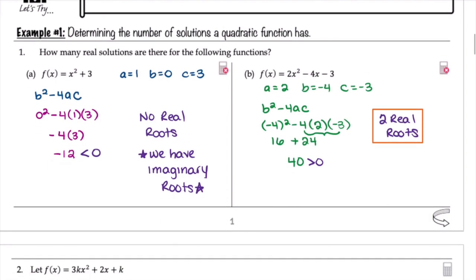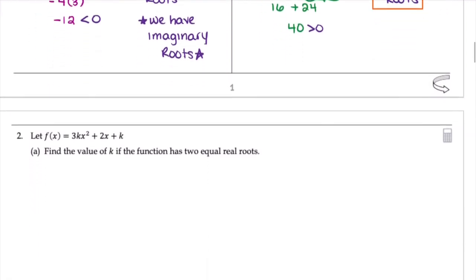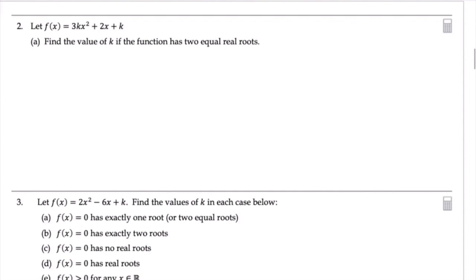Let's take a look at our next problem here. Number 2, let f of x equal 3kx squared plus 2x plus k. We want to find the value of k if the function has two equal roots.